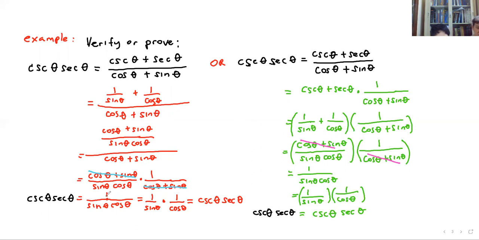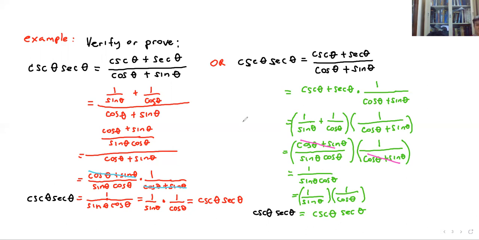We therefore got 1 over sine theta times cosine theta, which you can split into 1 over sine theta times 1 over cosine theta. And 1 over sine theta is cosecant theta, and 1 over cosine theta is secant theta. Therefore, proving that both sides of the equation are indeed identical.